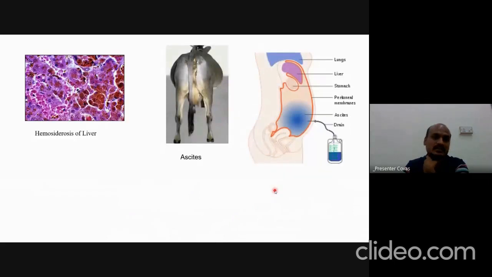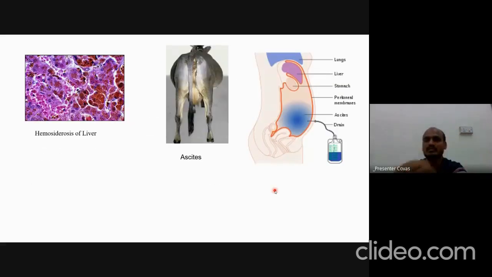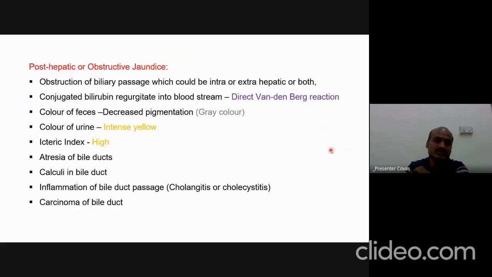Next, if there is some excess of iron, for example in the human case, this iron is accumulating inside the liver, and hemochromatosis is present. Ascites we discussed can be present here, and sometimes in a human patient we have to insert a catheter and take out the fluids. So this one is the procedure for this.